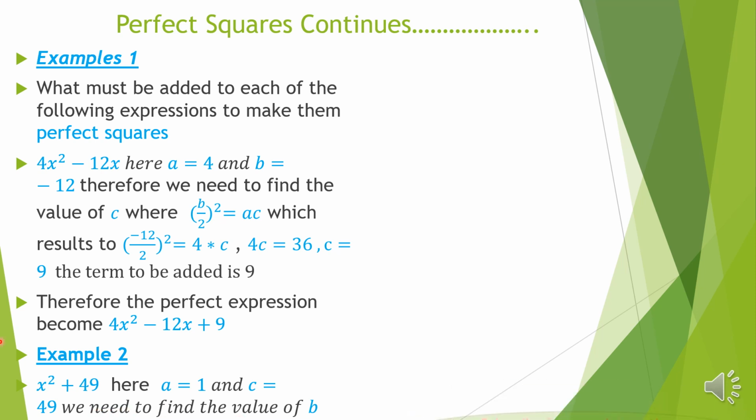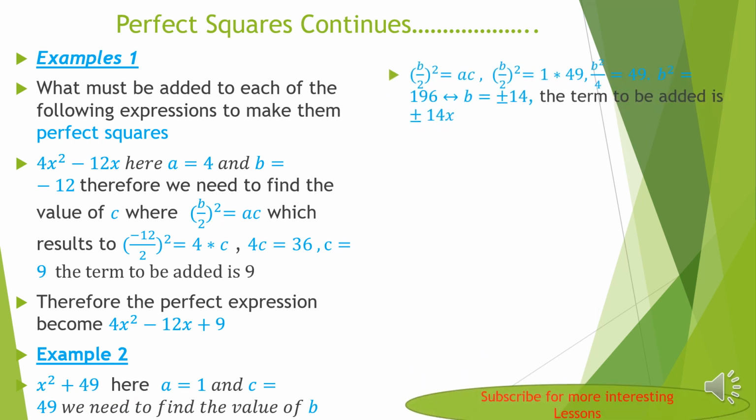So we need to find the value of B so that this expression can be perfect. To proceed, realize that B over 2 squared equals AC, but we don't know the value of B. So B over 2 squared equals A, which is 1, times C, which is 49.